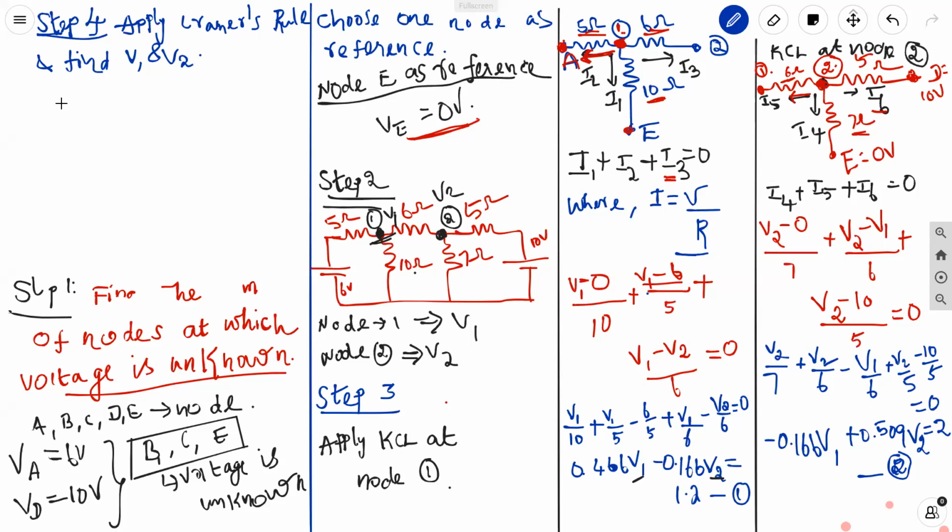As per Cramer's rule, the formula for V1 is del V1 by del, and the formula for V2 is del V2 by del. So let us try to find out what they are.